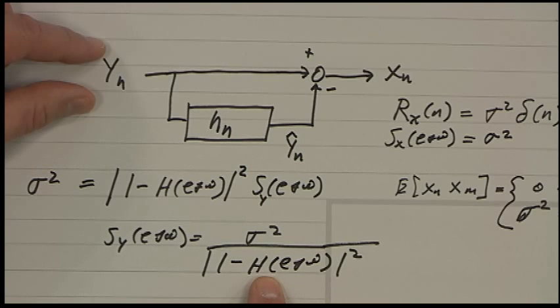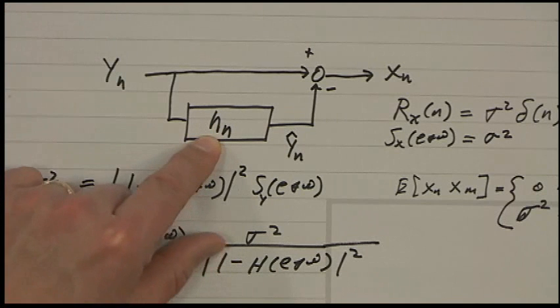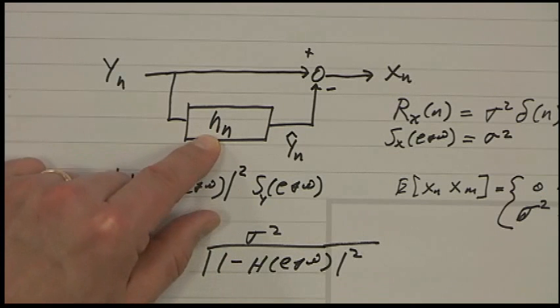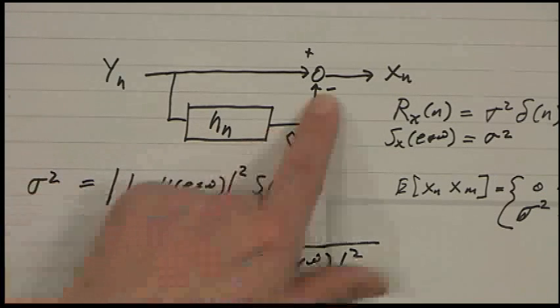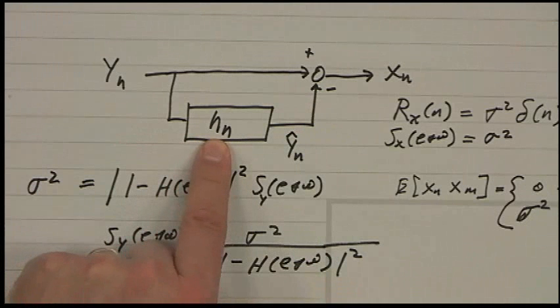Now, there's one special case which is kind of interesting. It's really more of a technicality, but it's an important technicality, which is that there are two possibilities. H here could be an infinite impulse response filter. In other words, it could use all the past values of y to calculate the optimal prediction. In the general case, that's what would happen, since you would need all the previous information.